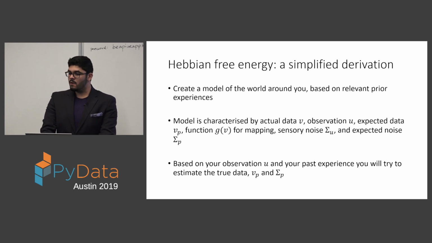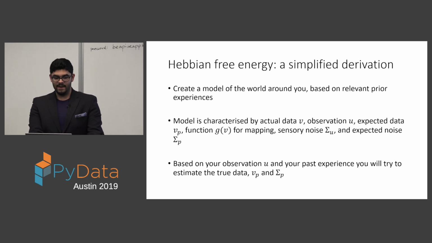And we need to infer some of these variables, like an actual data point V, based on our observation of the world. And so we have an expected data, and we have a function that maps that. Say we're looking at a 3D object. We can only see the surface of it, and we're trying to infer its 3D size based on a light map. We have an observation for light intensity, and we have a function that says, hey, if you see a shadow around a corner, that's probably a rectangle.